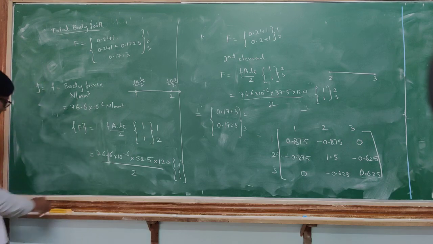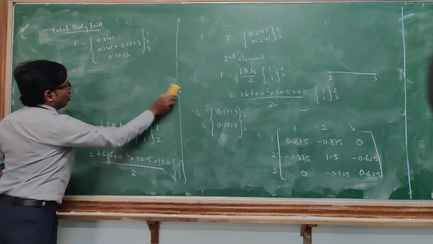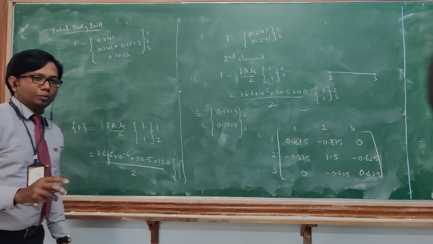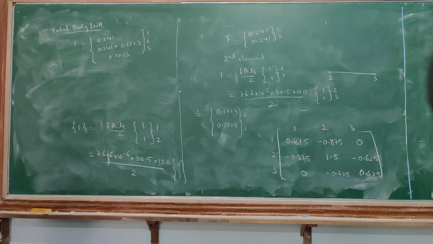Now we will write the total load vector, or global load vector, because this particular object is being subjected to two types of loading: one is body force and the other is the point load. So we have to include the point load.